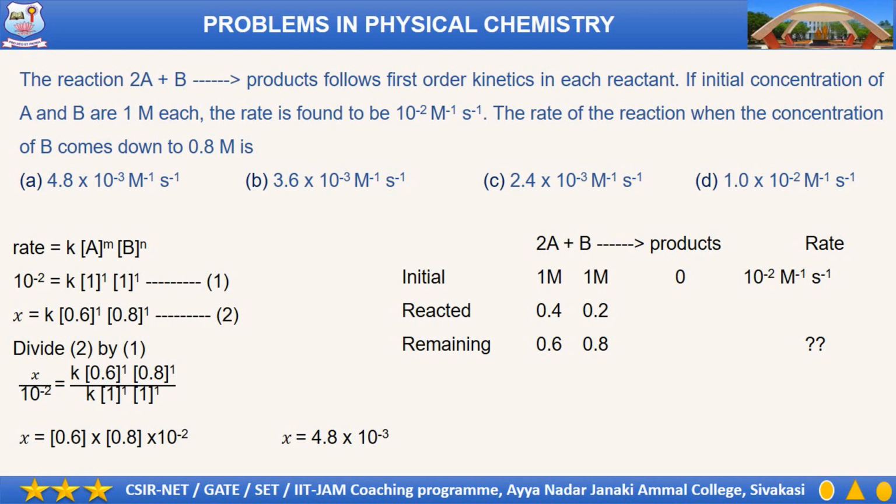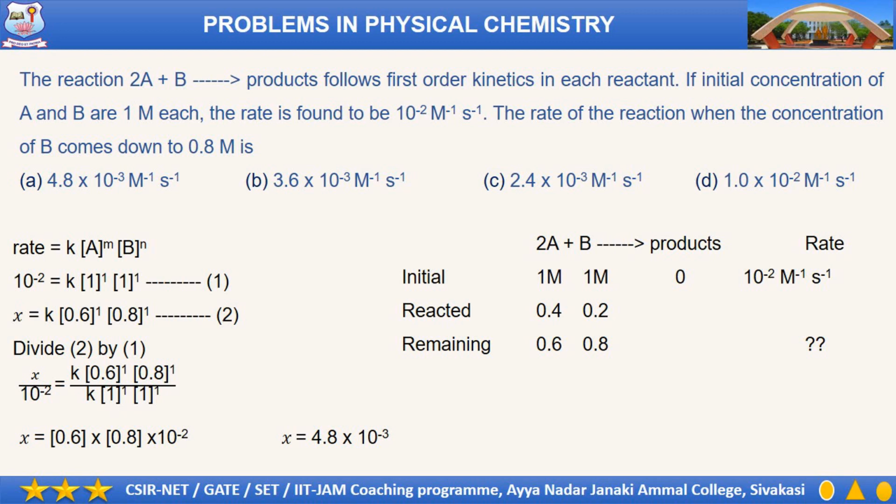B, 3.6 into 10 power minus 3, the same unit. C, 2.4 into 10 power minus 3, the same unit. And D, 1 into 10 power minus 2, the same unit.